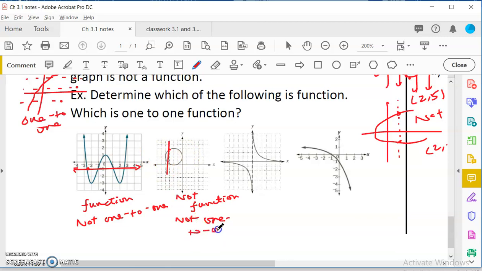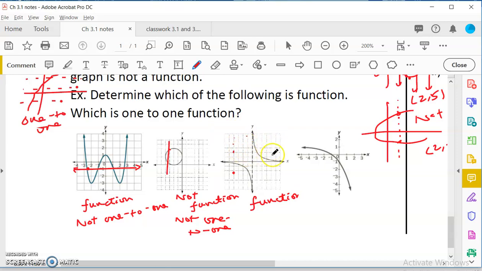About this one, if I draw a vertical line, I always cut just 1. This has an asymptote and 2 branches, it's the reciprocal function. By the vertical line test, it is a function. Is it one-to-one? If I draw horizontally, do I cut 2 times?